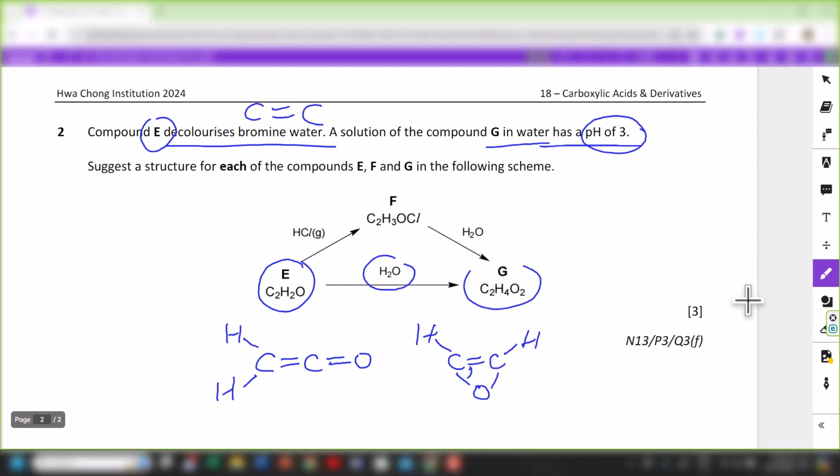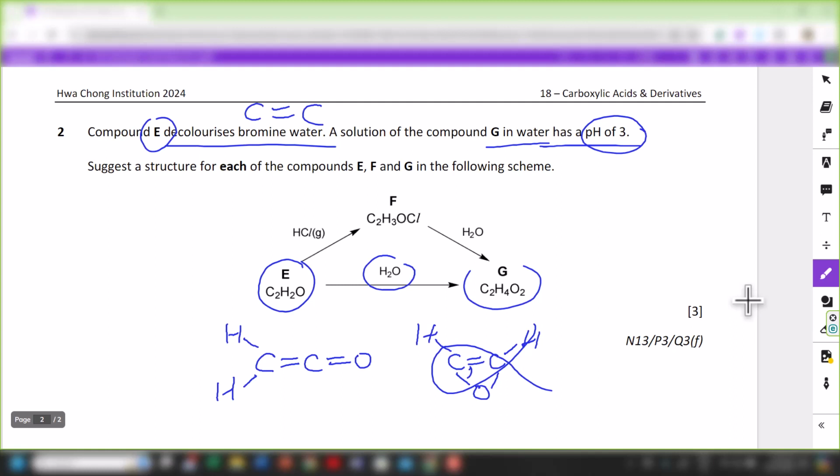So this is highly undesirable. Yeah, so not likely for you to draw something like an epoxy kind of structure, or a 3-membered ring with a C=C double bond in the middle. This kind of structure exists, okay, yeah, but not in this format.